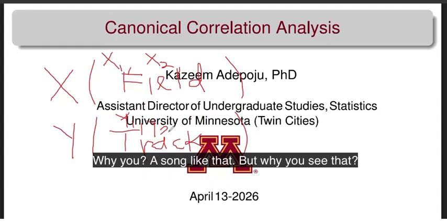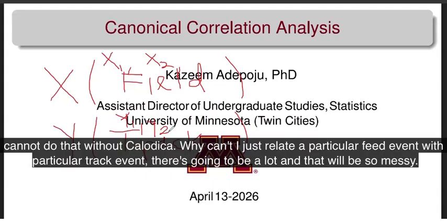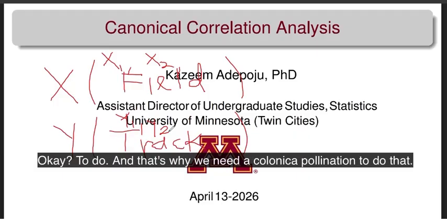But why can't I do that without canonical correlation? Why can't I just relate a particular feed event with a particular track event? There would be a lot of them, and that would be so messy to do. And that's why we need canonical correlation.